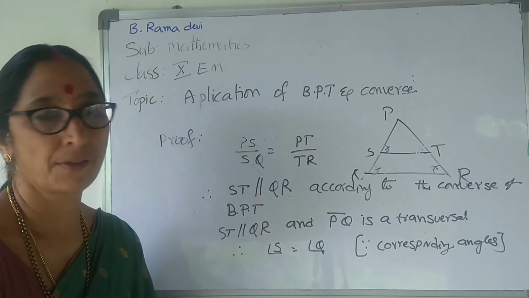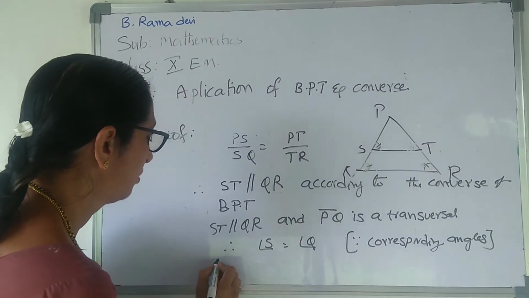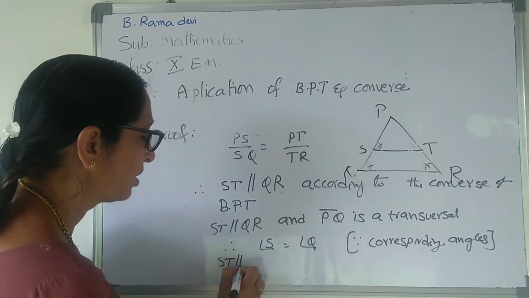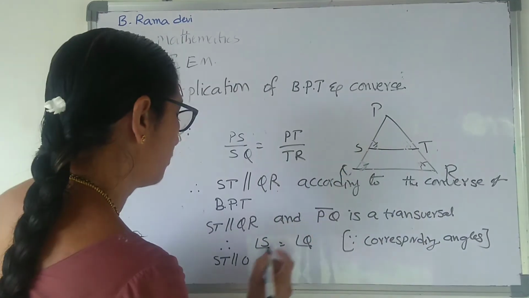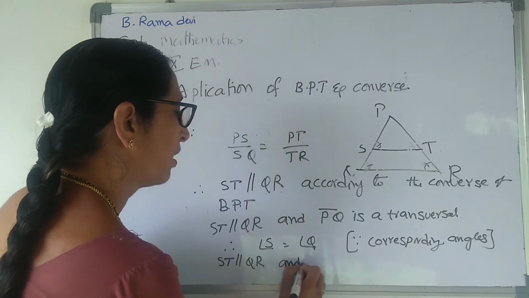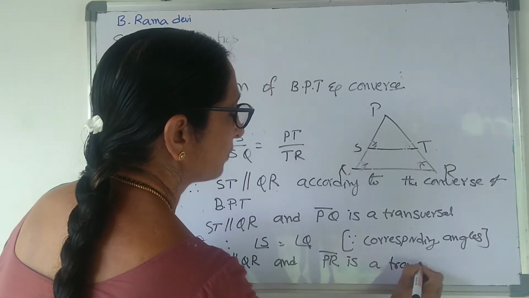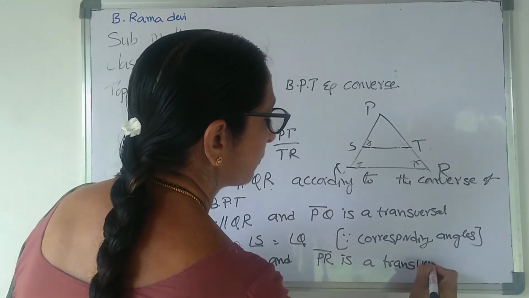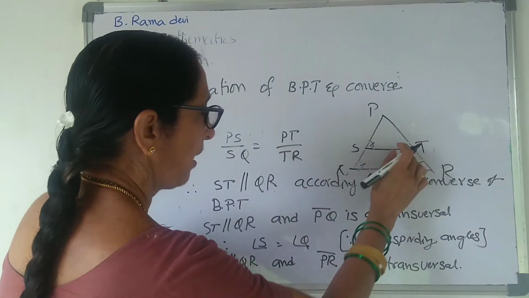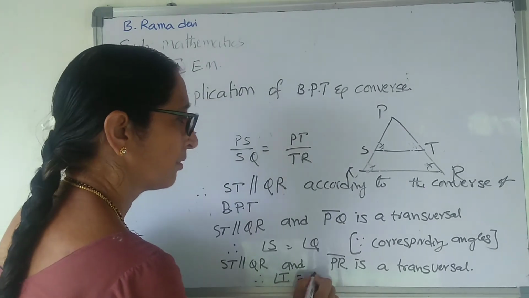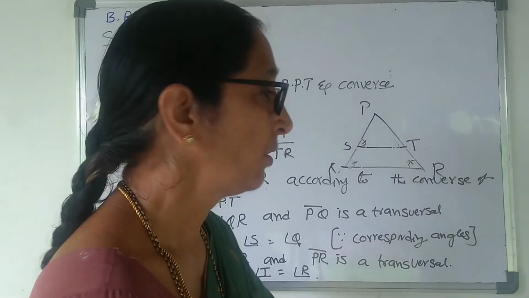And second point, ST is parallel to QR and PR is a transversal. Therefore, angle T is equal to angle R.